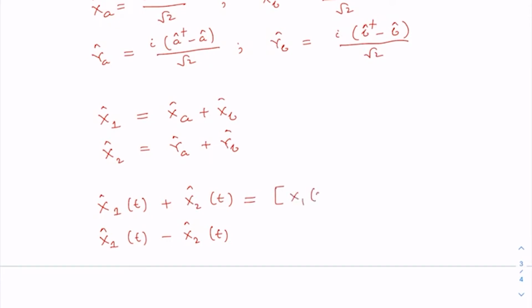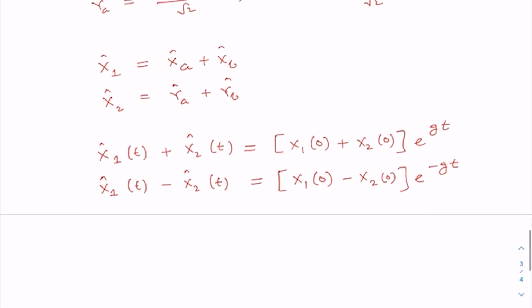You can prove it very easily: x1 of 0 plus x2 of 0 times e to the power zt. So the sum of the normal coordinates is getting amplified, while the difference in the normal coordinates is getting squeezed. You can prove this very trivially.